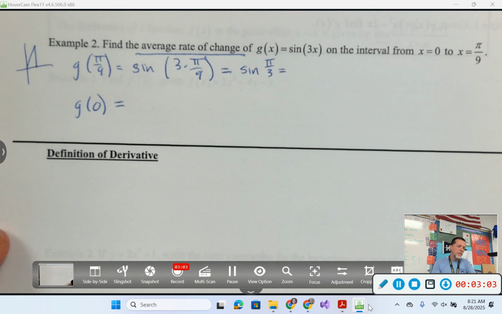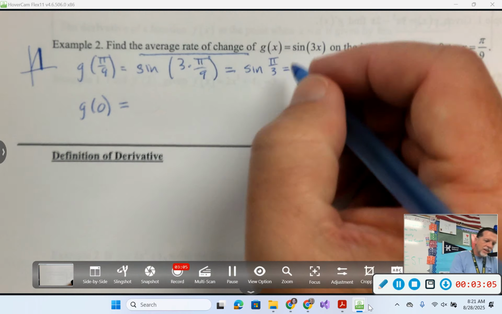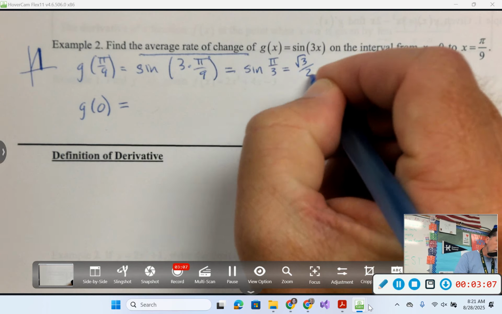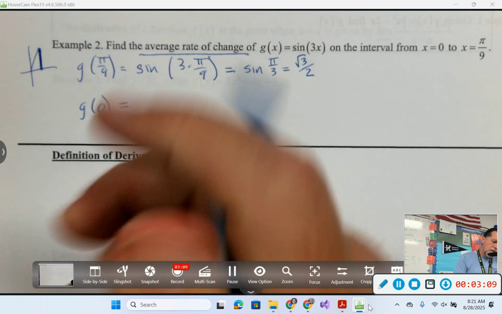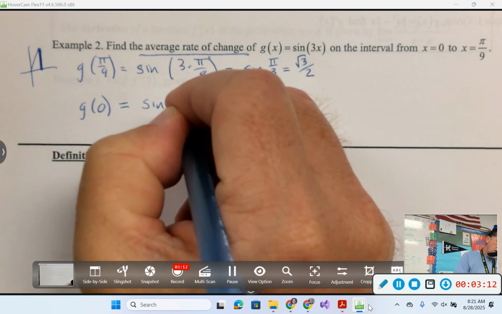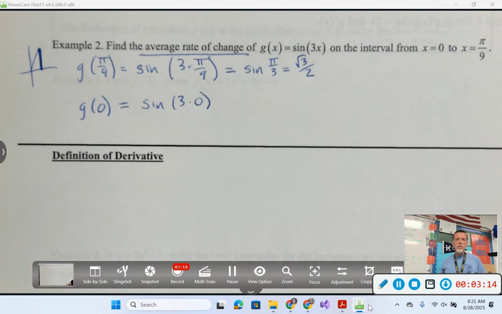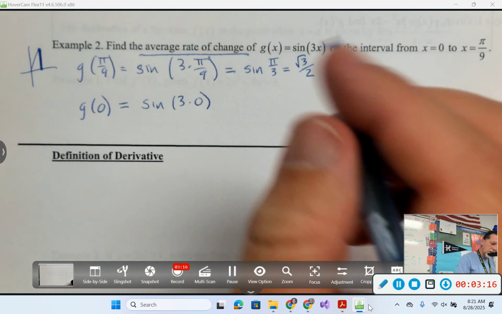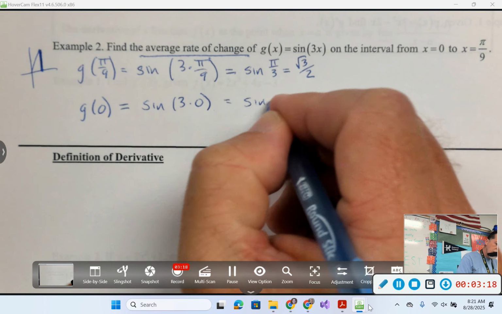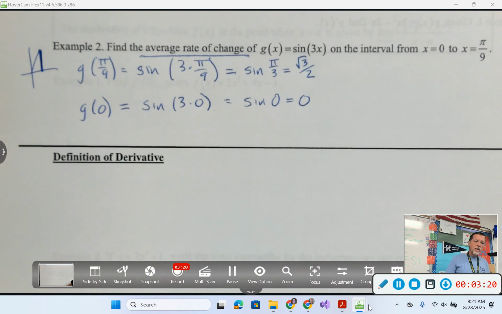Pi over 3 means the y side is the long side. So root 3 over 2. And then g of 0, sine of 3 times 0. Sine of 0 is 0.